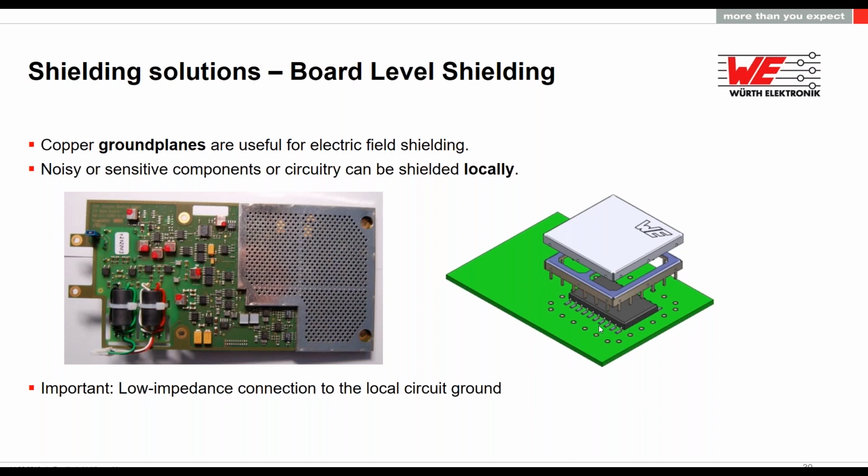With this, it's really easy to contain the noise coming out of an IC or to protect sensitive parts of your connections or your PCBs, such as RF stages and several other sensitive parts of our design.